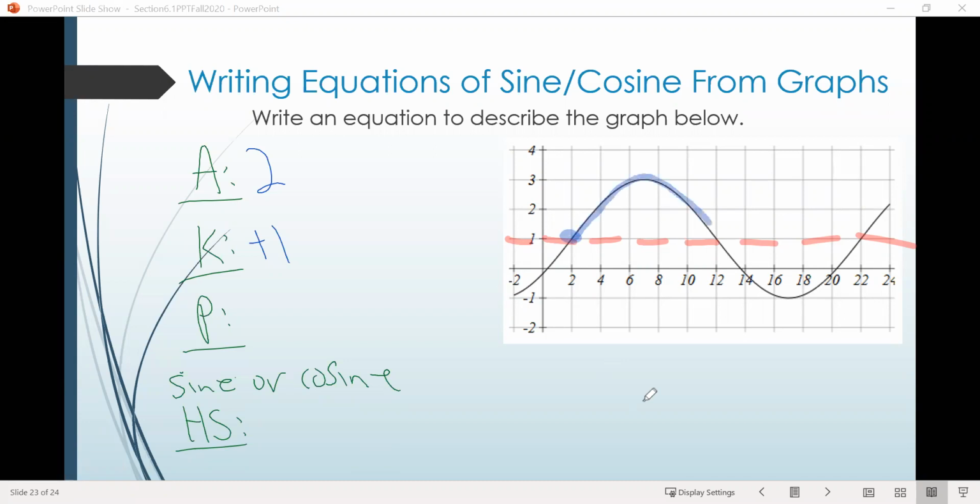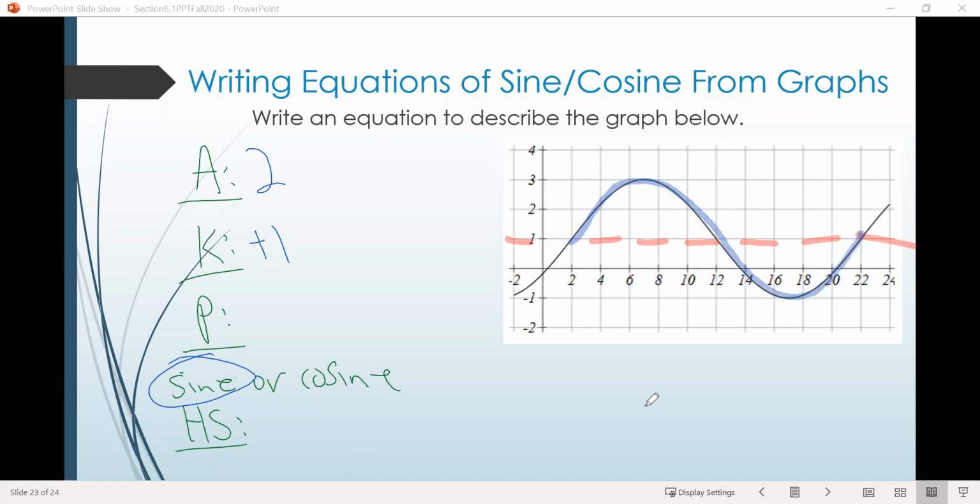And if I trace out the graph, I can see one full wave of a sine function like that. So in this case, I'm going to choose this to be a sine function. Now again, I could write this as a cosine function. And if I wanted to, I could do that by choosing this here as my starting point and then tracing out a wave of a cosine function. But in my case, again, I think it's easier to see the sine function. So I'm going to use that.